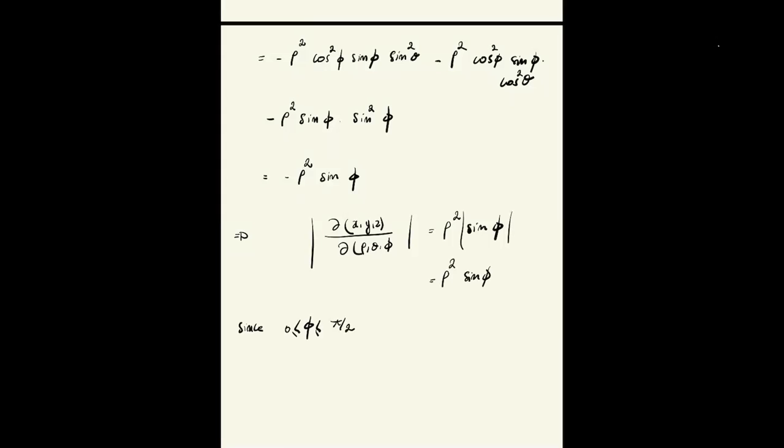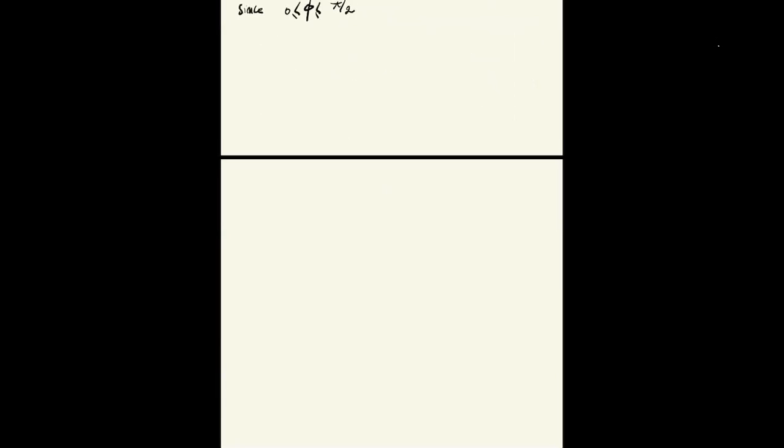Because the absolute value is not sine phi always. It's because sine phi can be negative, but because phi is between 0 and pi over 2, right? So magically, we get the exact factor we get when you go from rectangular coordinates to spherical. You have to be careful to not forget about rho square sine phi. So you get it actually here in the Jacobian.